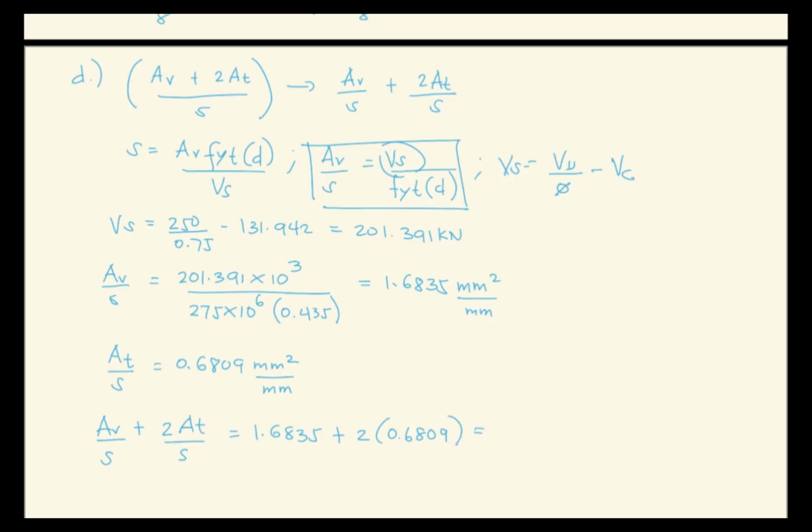This is equal to 3.045 mm squared divided by mm.